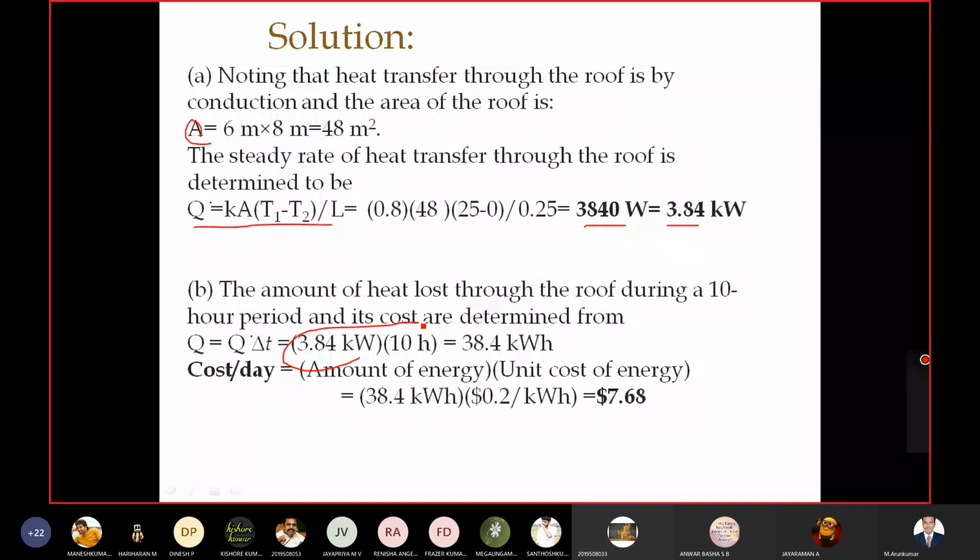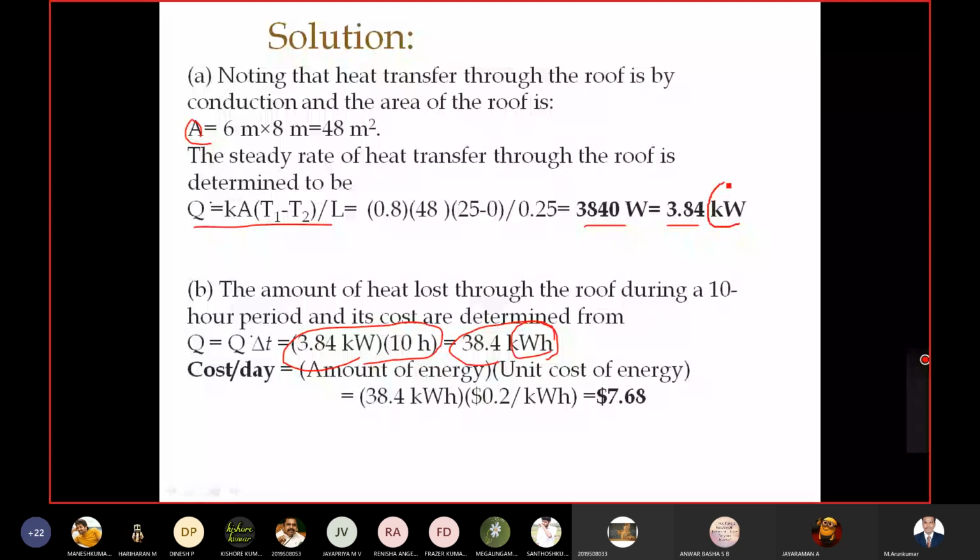They gave the cost per kilowatt hour, so we have to calculate the kilowatt hours. The unit of Q dot here is kilowatt, so we multiply by the hours, the 10 hours. So 3.84 kilowatts will become 38.4 kilowatt hours.